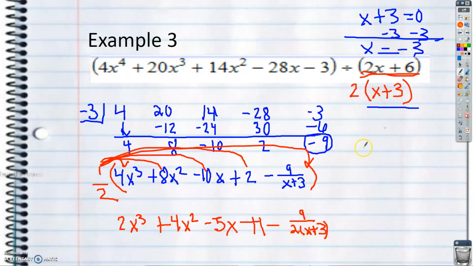And then I'm going to simplify that part out, so I have minus 9 over 2x plus 6.